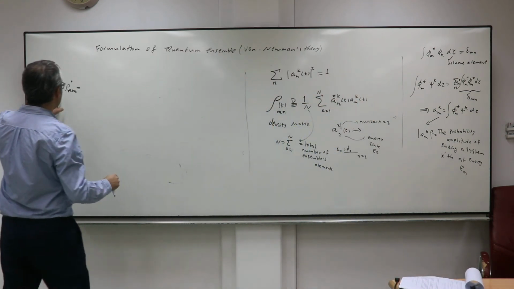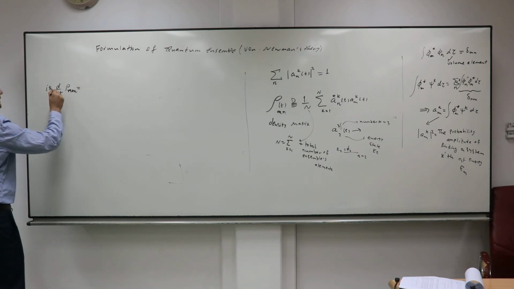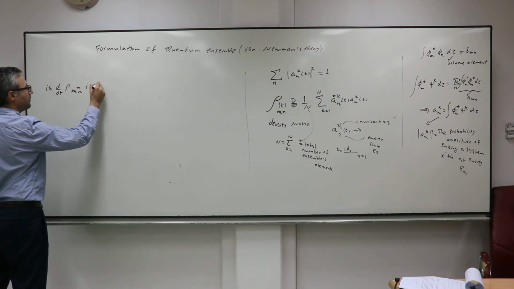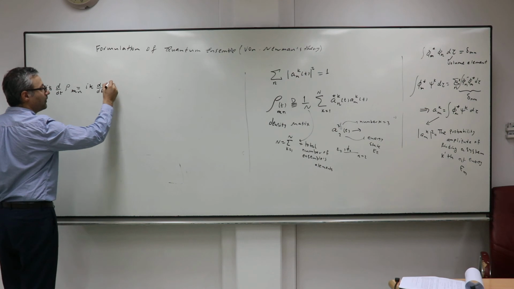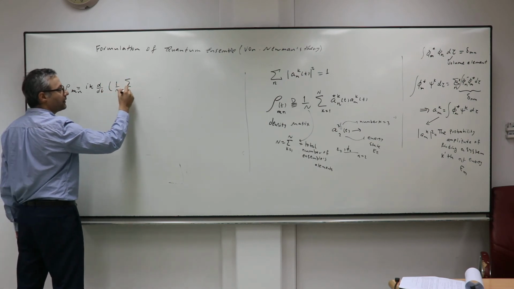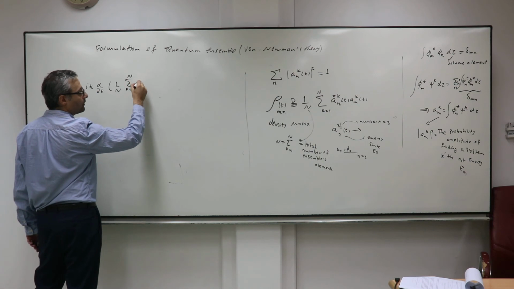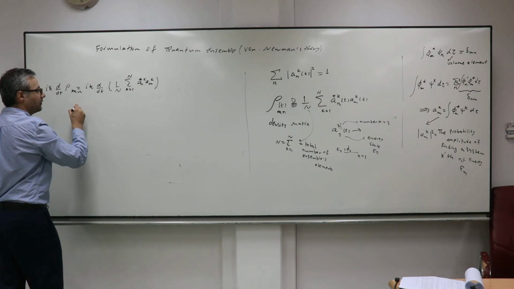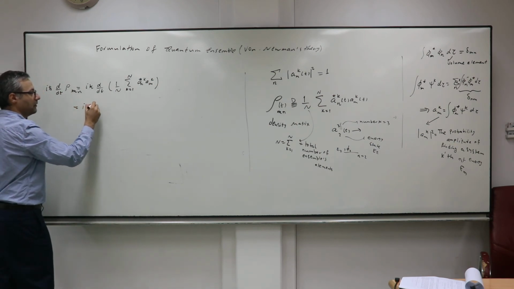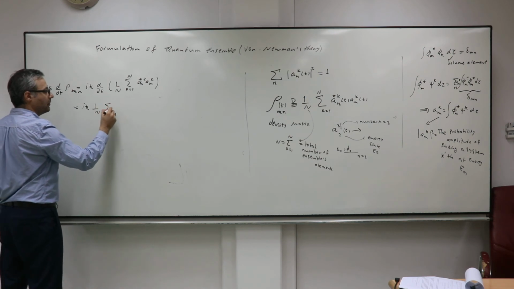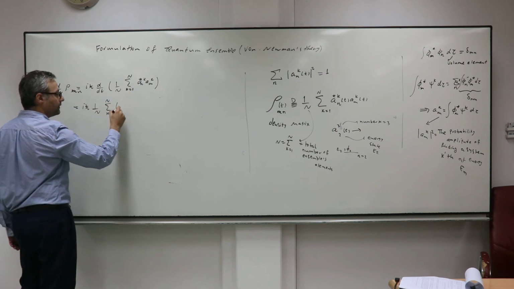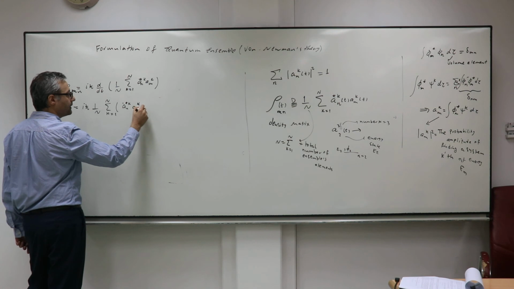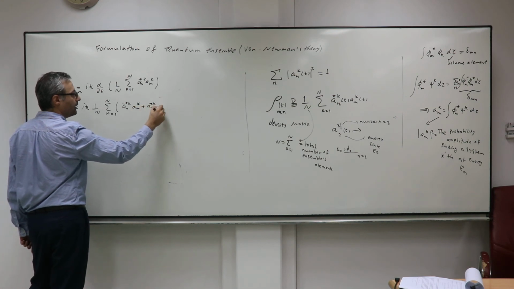So just take the derivative of that: I h bar d dt rho m n will be I h bar d dt 1 over N sigma k. We take a derivative of that: A n k star dot A m k plus A n k dot A m k star.